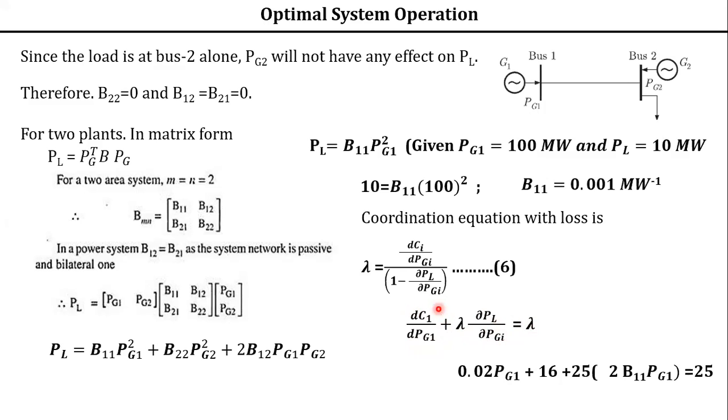So dC2 by dPg2, the incremental fuel cost equation for plant 2, has been given in the problem. Lambda is given, and dou PL by dou Pg2. Now can anyone tell, I have given the hint, what is the value of Pg2?